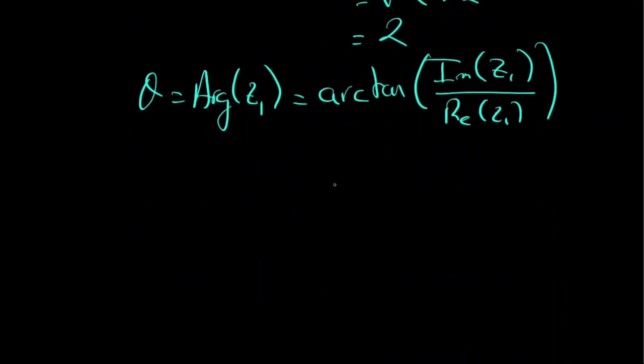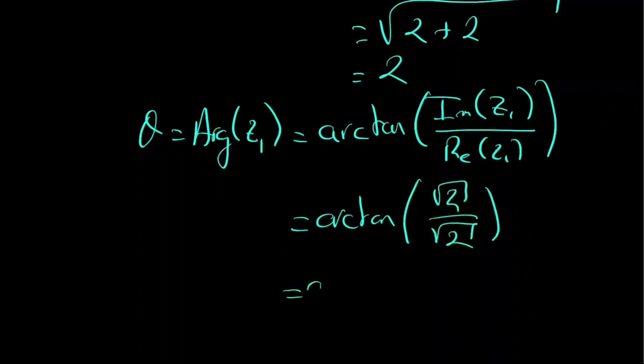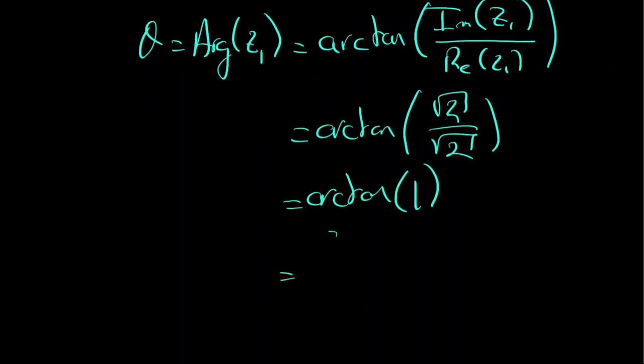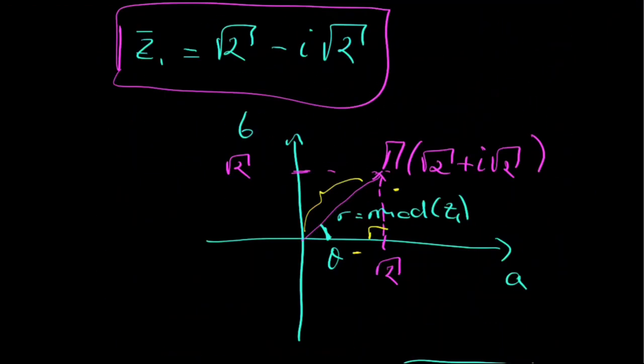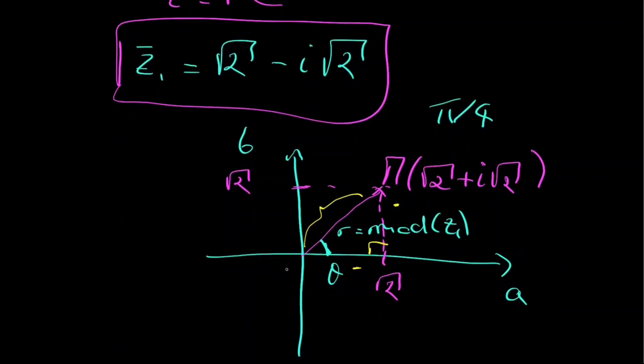So it is equal to arctan of square root of 2 over square root of 2, which is equal to arctan of 1. So two solutions are possible. The solutions will be pi over 4, so pi over 4 here, or 5 pi over 4. So it will be there.